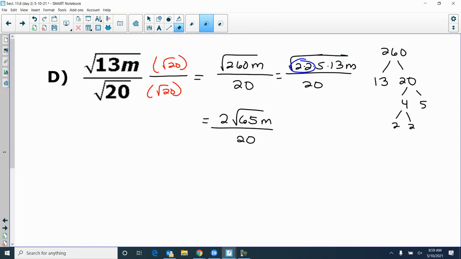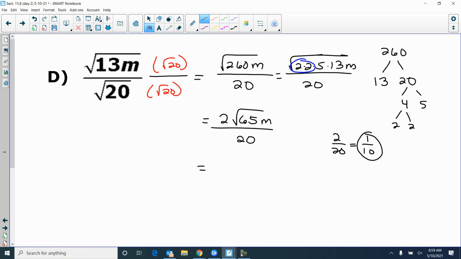I'm not done. You're really close, and you get most of the points for this right, but it's not entirely correct. Can somebody tell me what maybe we can do to simplify from here? Think of it like a fraction. 2 over 20 can reduce. What does 2 over 20 reduce to? 1 over 10.